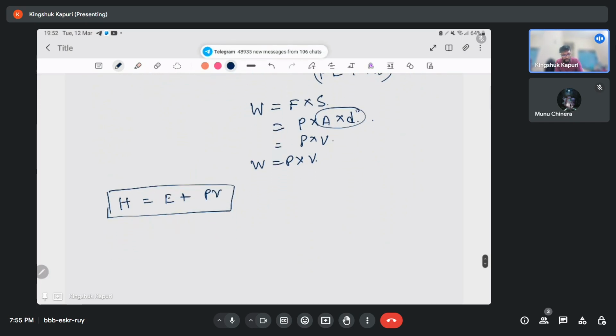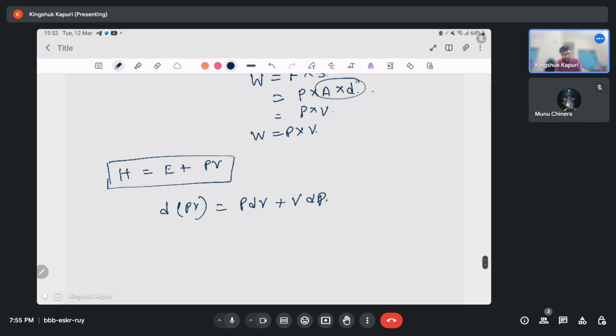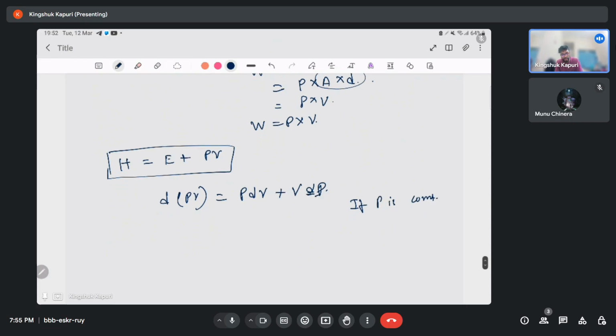Now if we differentiate this term PV, delta of PV, पार्शियल डेरिवेटिव करेंगे तो क्या होगा? P of dV plus V of dP. अगर if P is constant, if you are doing a derivative d of a constant term, it will be 0. So it will be P dV.